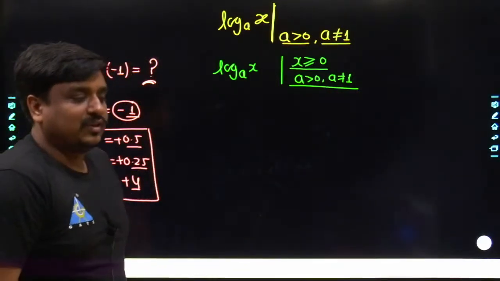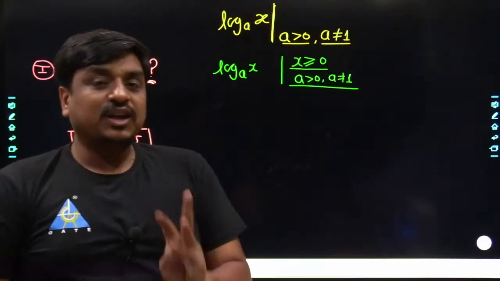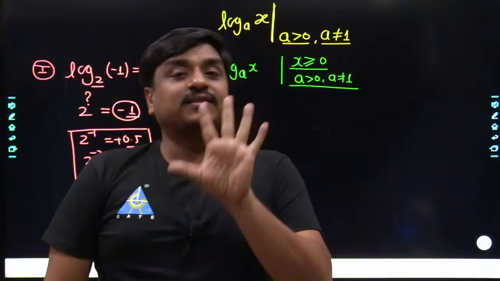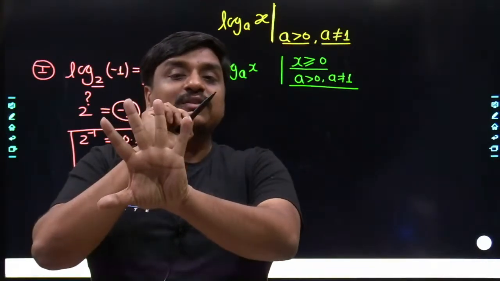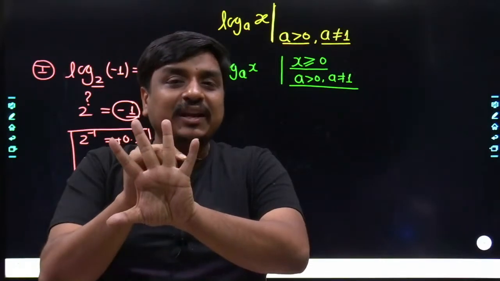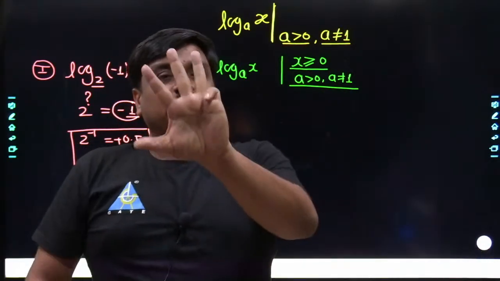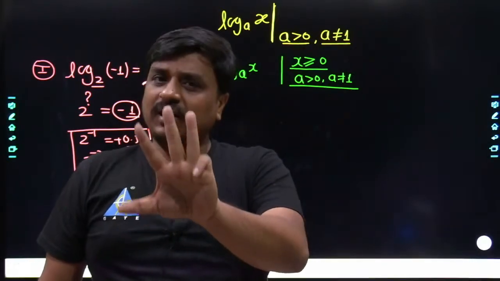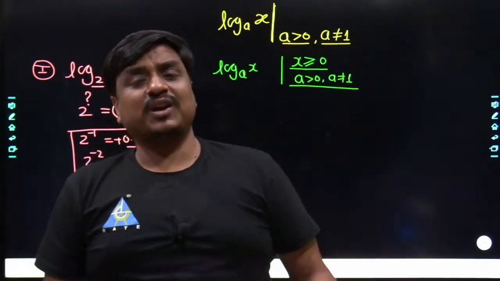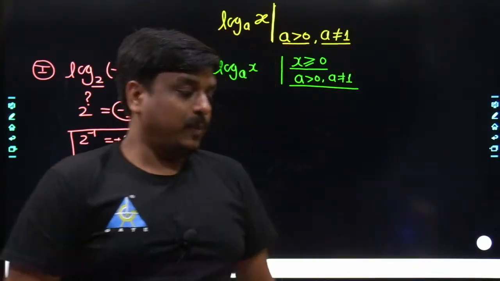So from here onwards, you have got one of the very important pieces of information, log base a of x. What are the different possibilities of a? A must always be a positive number. A cannot be 0. A cannot be negative. A cannot be 1. So you can choose any value, leaving out negative values, a equal to 0, and a equal to 1. Like you can have 1.5, 2.5, 3, 4, 5, 6, and so on and so forth.